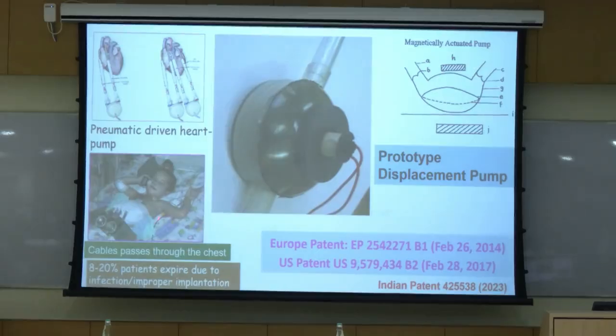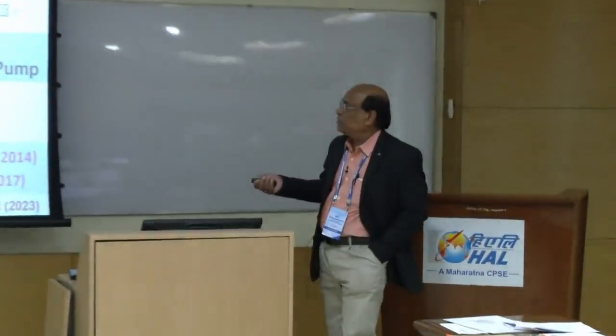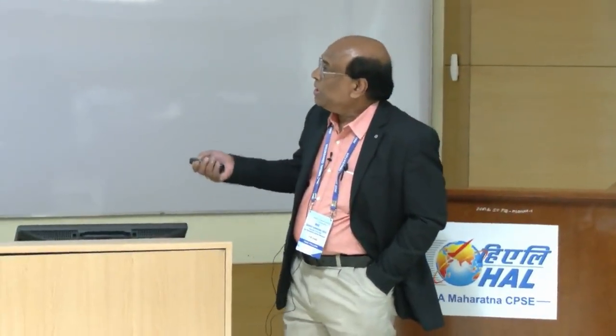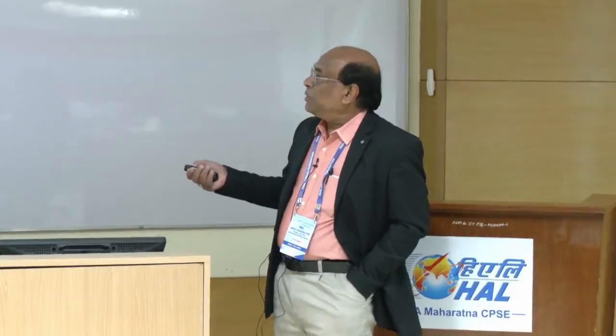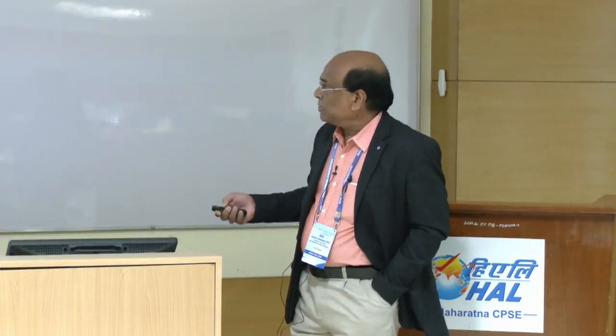As you know, when the heart fails totally, there is at present the pneumatic means, where the helium cylinder is connected and helium gas is actually used, and this cable passes through the chest, and the patient dies because of the infection, because they cannot take a bath, cannot go home, and so on. So this is one prototype displacement pump which we have established that can be used by magnetic means to sort out this problem, so that no cable goes through because the magnetic field can penetrate. And this can have many other applications.